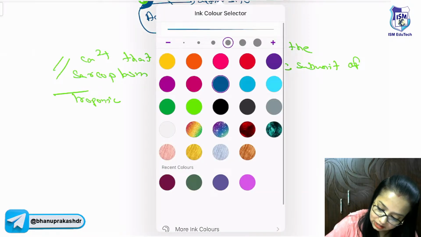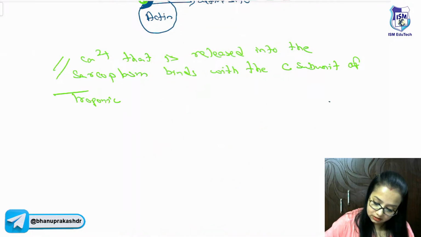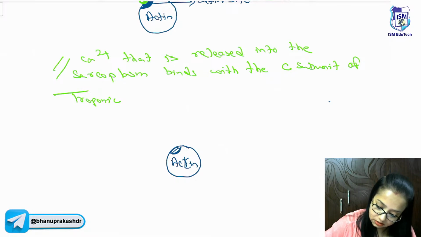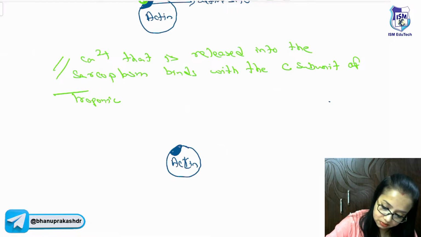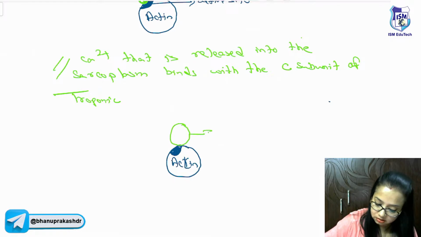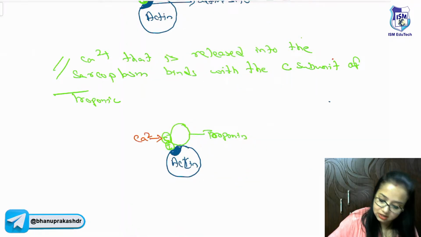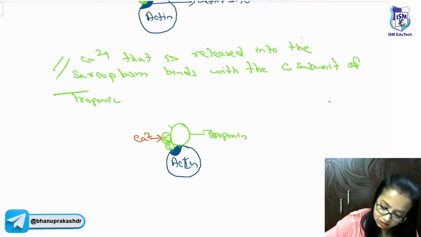So something like this happens. Like this is the actin with its active sites, okay, and this is the troponin with the I. Okay, so here in the C subunit of the troponin, calcium goes and sits on it.